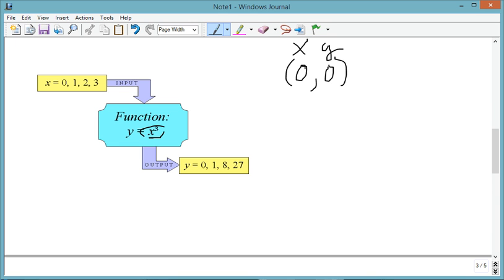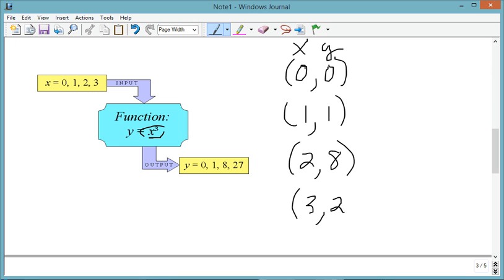This is the y, or the range. So I put in 0, I get out 0. If I put in 1, I get out a 1. If I put in 2, I get out an 8. If I put in 3, I get out a 27. So in that case, this equation right here is our rule for the function.